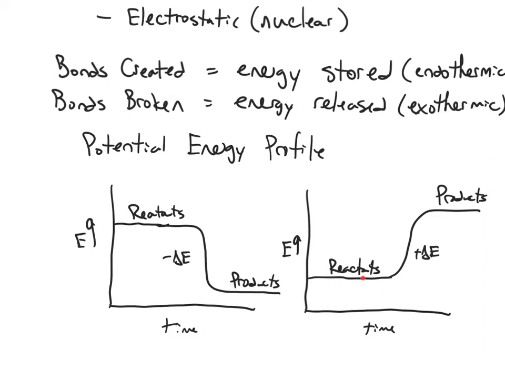But some chemical reactions, in fact, result in a product that is higher energy or less stable than the reactants. This type of reaction may be easy to reverse. We might have remembered from previous science classes that chemical reactions may be reversible. These reactions may be reversible, but they do exist. But these are two different profiles of potential energy, one showing an exothermic situation and one showing an endothermic situation.